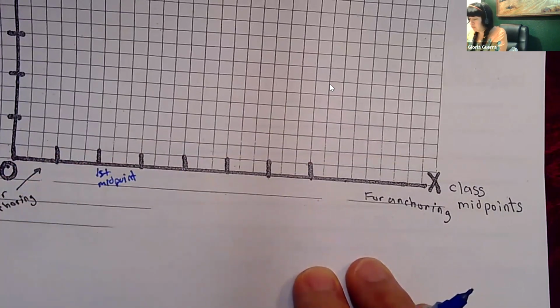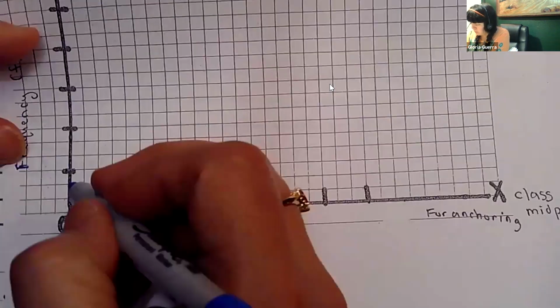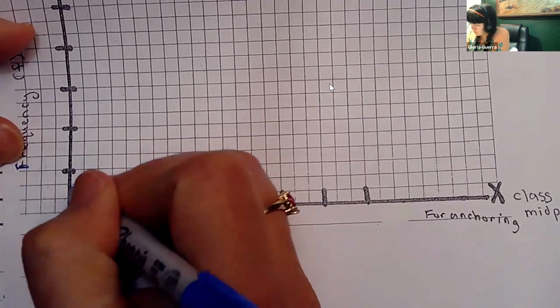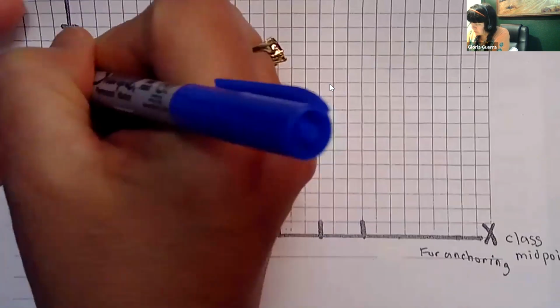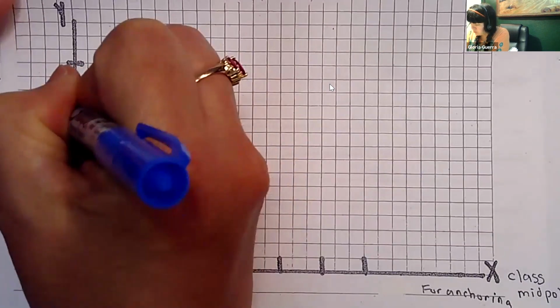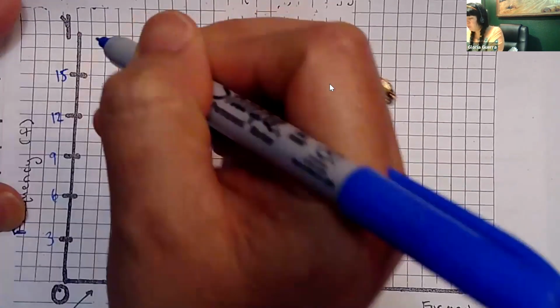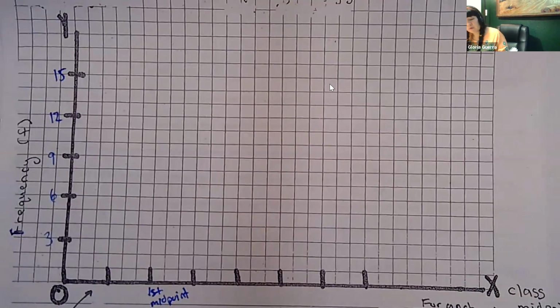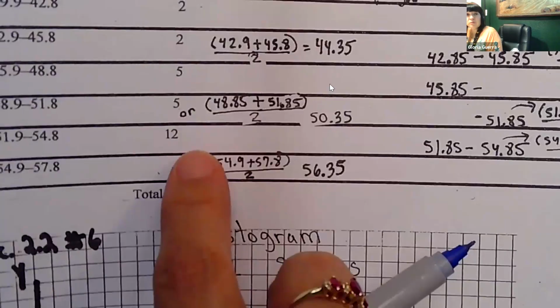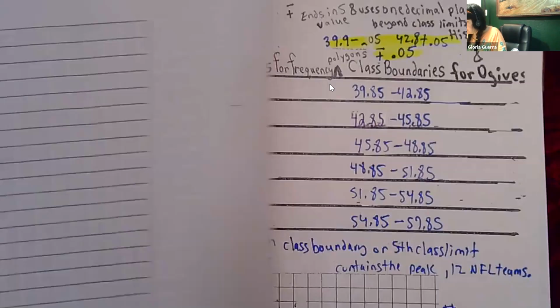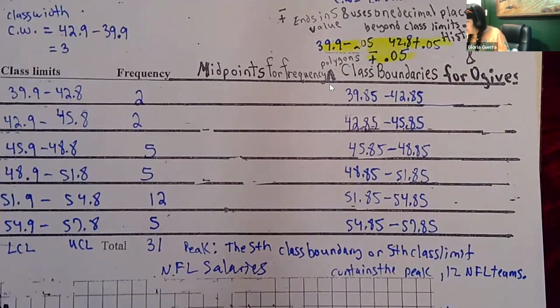I just did increments of 3 and was consistent: 0, 1, 2, 3, 4, 5, 6, 7, 8, 9, 10, 11, 12, 13, 14, 15. I didn't need much more than that, because with this NFL data the highest frequency was 12 anyway.